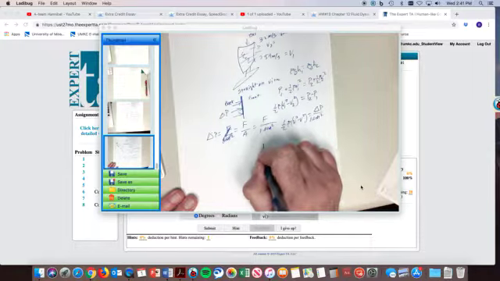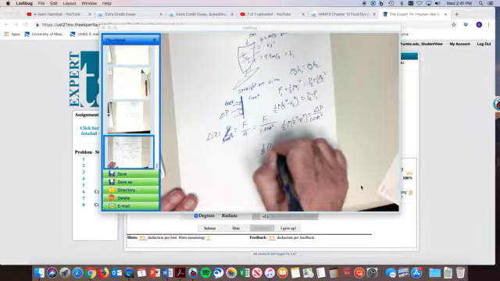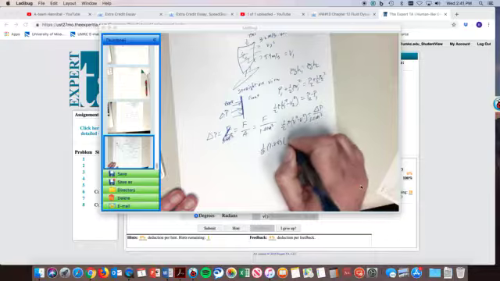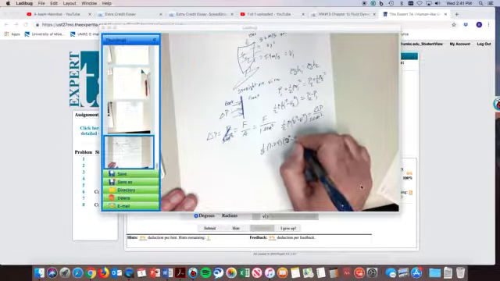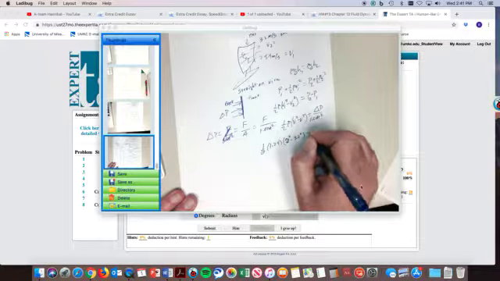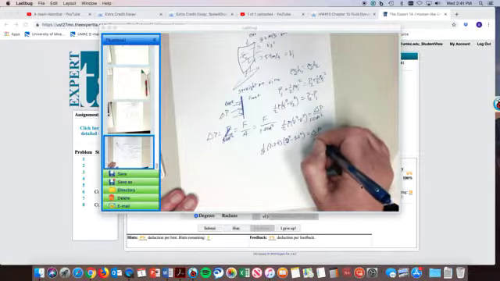We've got 1/2 times 1.29 times 5.9 squared minus 3.2 squared, which is equal to my change in pressure per meter squared.